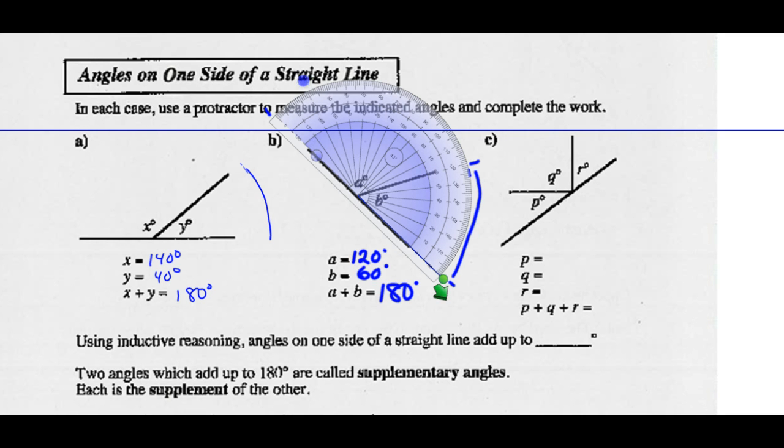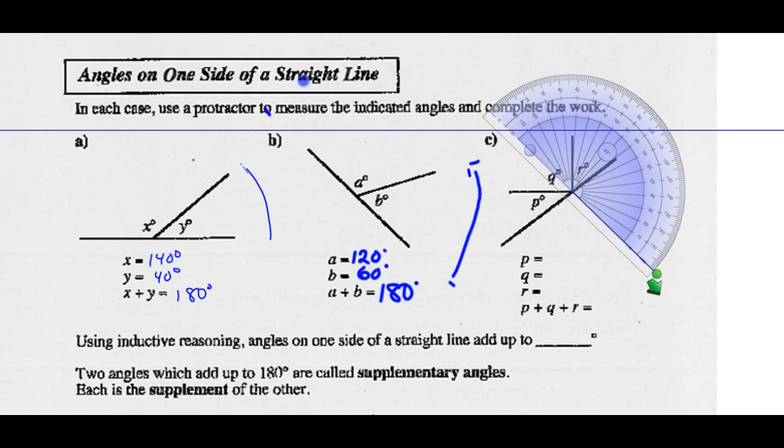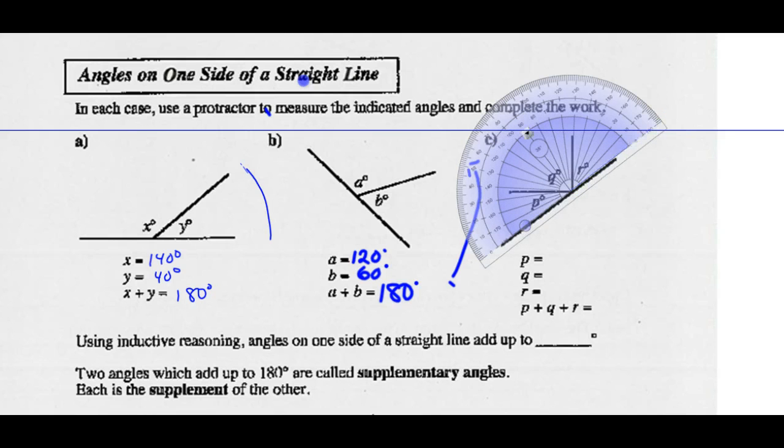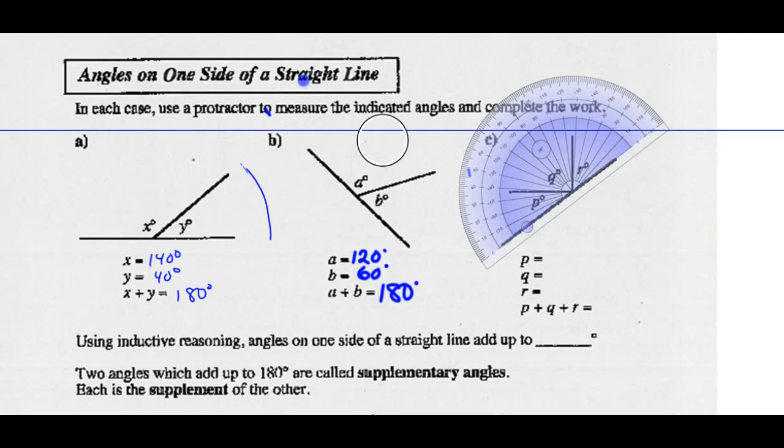And let's try it over here with the last one. Angles P, Q, and R. Angle P, if we go from here to there, looks to be about 35 degrees.